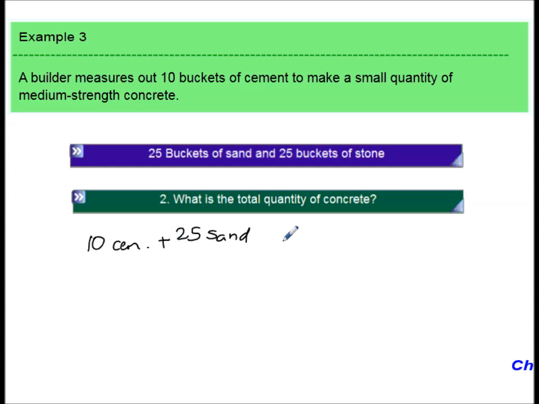We're going to add them together, and 25 stone. 25 plus 25 plus 10 will give you 60 buckets in total. What is the total quantity of the concrete? Well, it's 60 buckets.